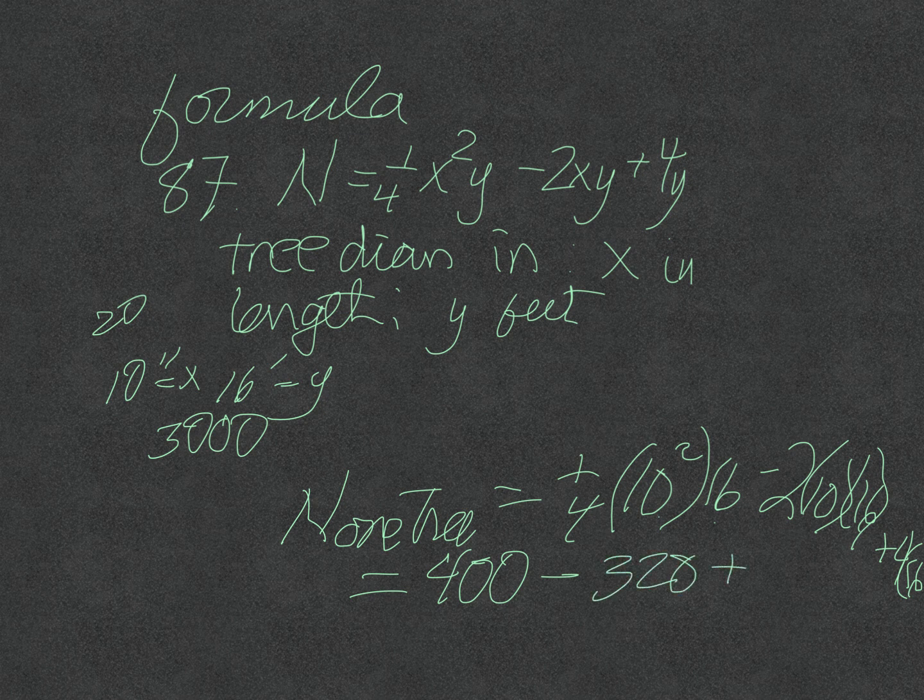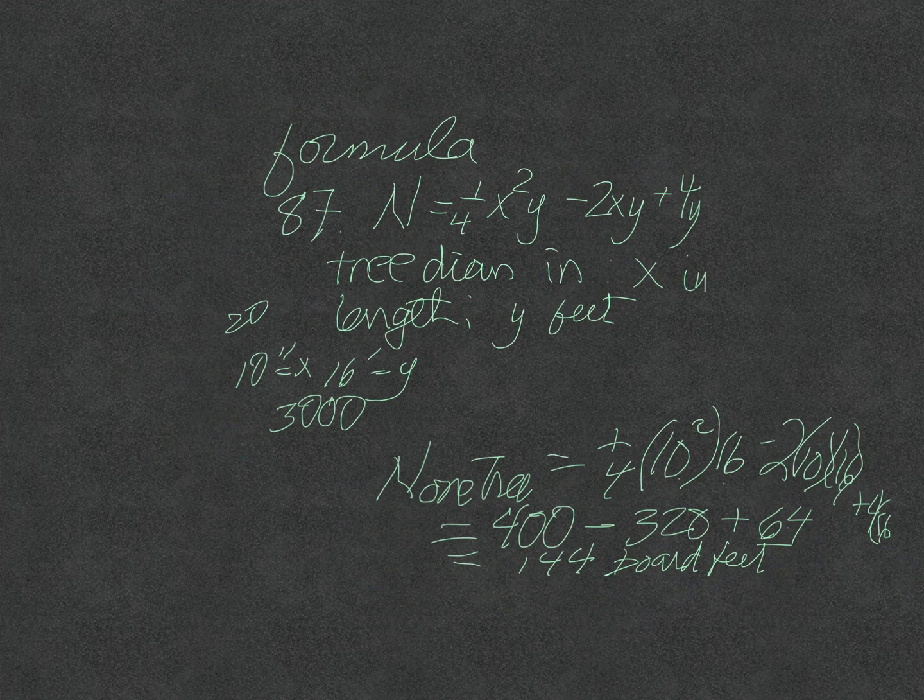And then plus 4 times 16, which is 64. And so we end up here with 80 plus 64, or 144 board feet for one tree.